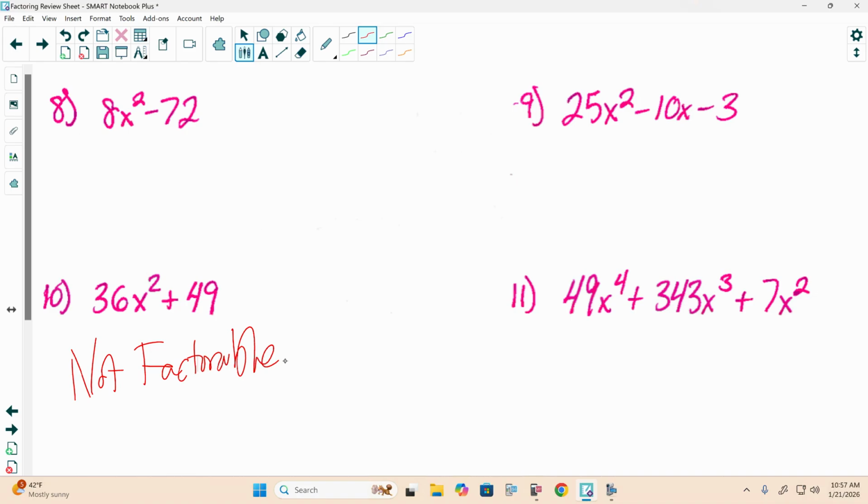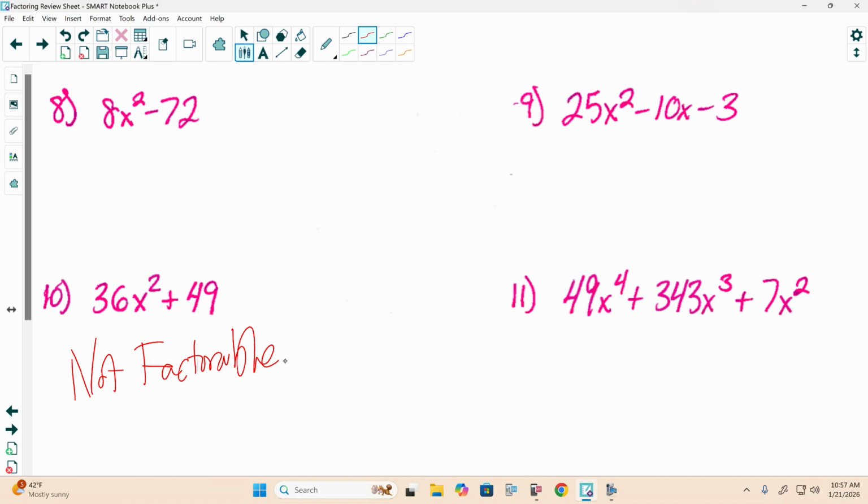There's not going to be a not factorable on the test, because even the ones where we factor out only a greatest common factor are still factorable. There's not going to be one on the test that's just straight not factorable. Three of them are just greatest common factor. The rest we can use our methods, ending up with two sets of parentheses to solve it. There's not going to be one like 10 where we cannot do anything.